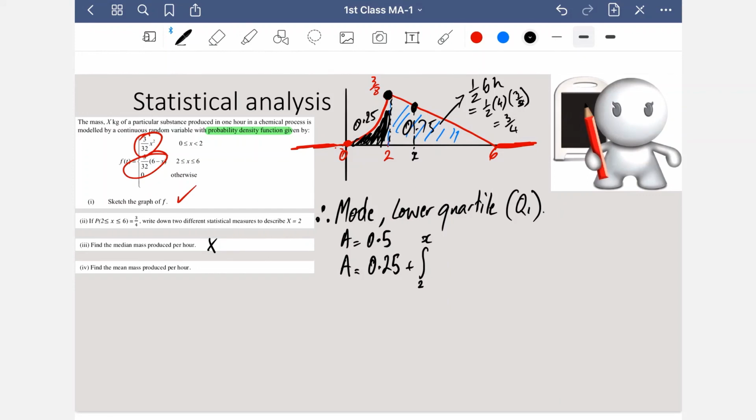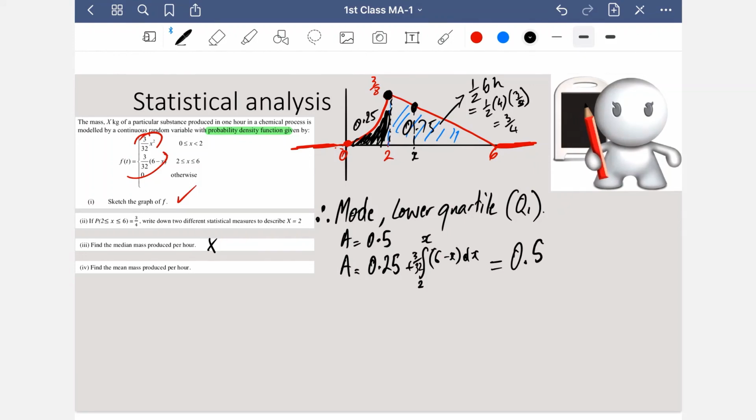All right. So we want the integral from 2 to x of 3 over 32. Well, that's a constant, so let's put that out over here. We want the integral of 6 minus x with respect to x, and for all of that to equal 0.5, okay?